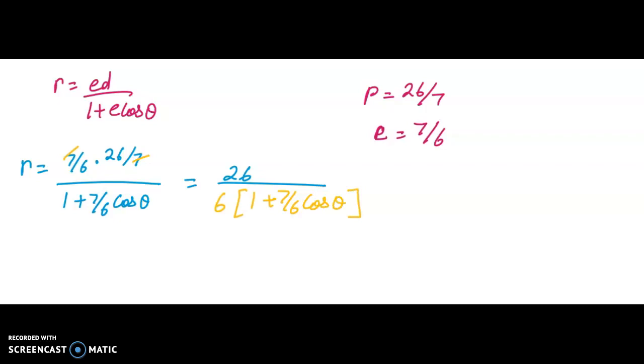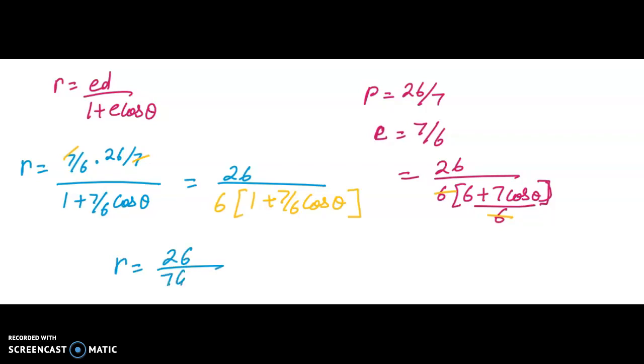And again, if we simplify it, making common denominators, I will get 26 over 6, over (6 plus 7 cos theta) over 6, and now you can see we have 6 in the numerator and the denominator, so we can cross it off. So our final answer would be r is equal to 26 over (7 cos theta plus 6). This is what we are looking for.